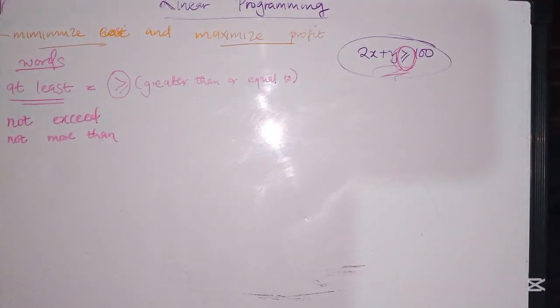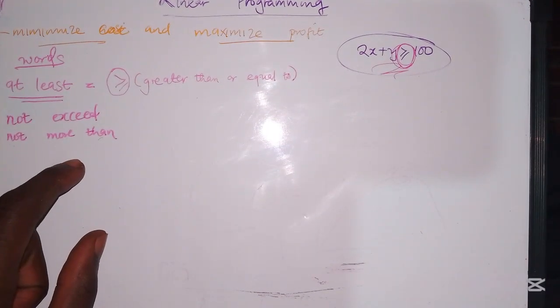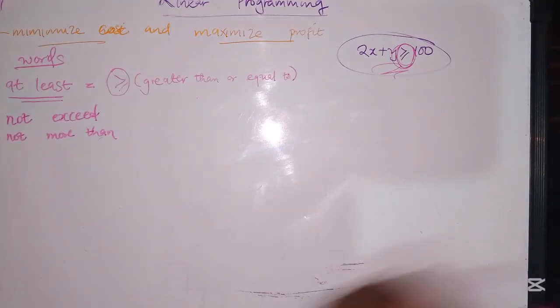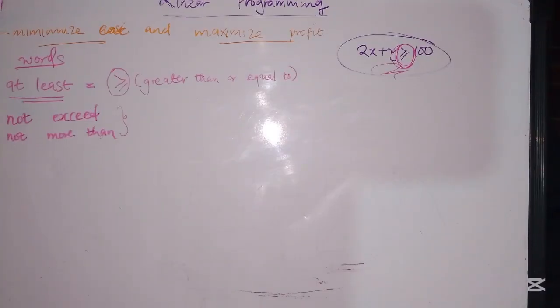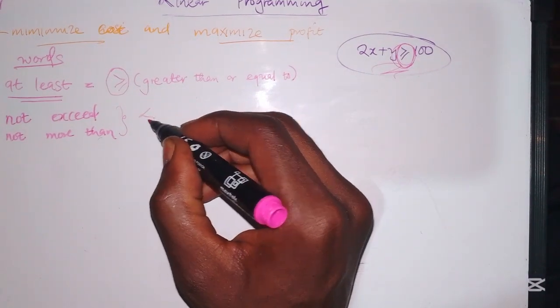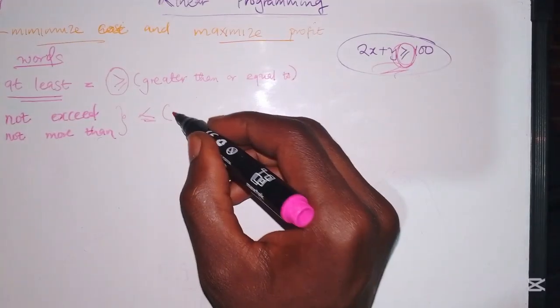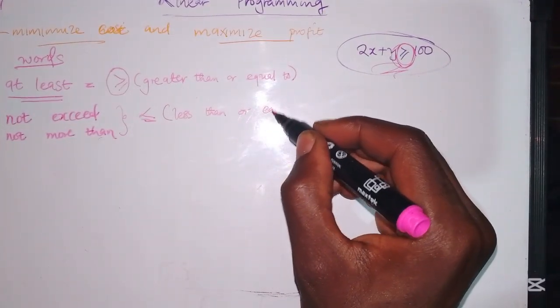So these are the other terms which you come across whenever you are looking at linear programming. So what sign should you put? So whenever you have not exceed or not more than, of course these are easy because we know that the sign we should put is less than or equal to. So here is less than or equal to.